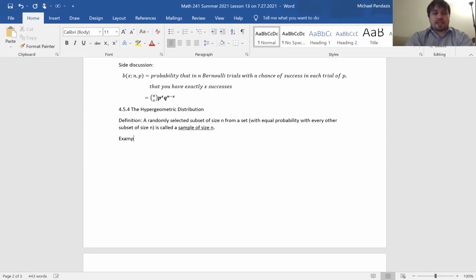Example 4.11: sampling without replacement.